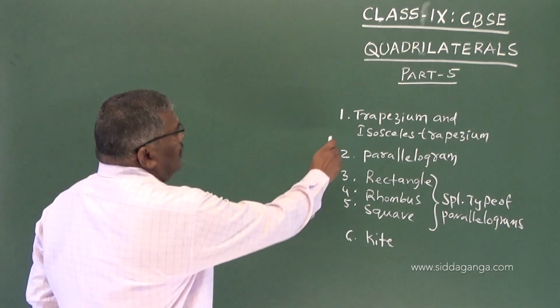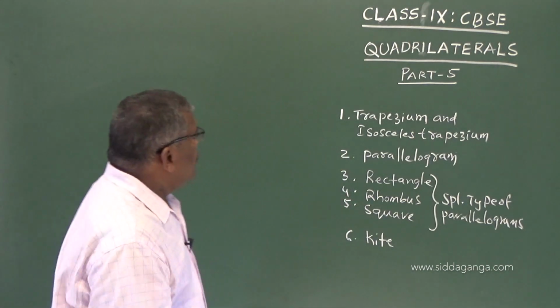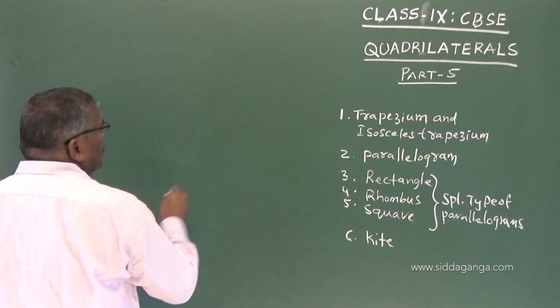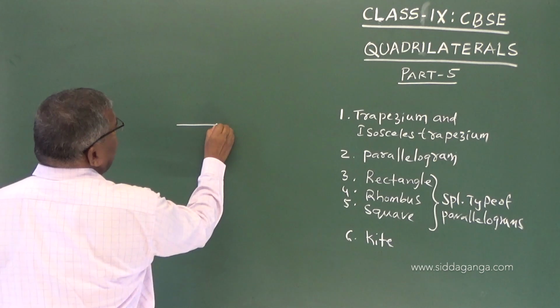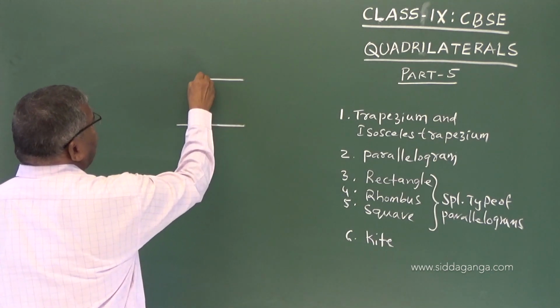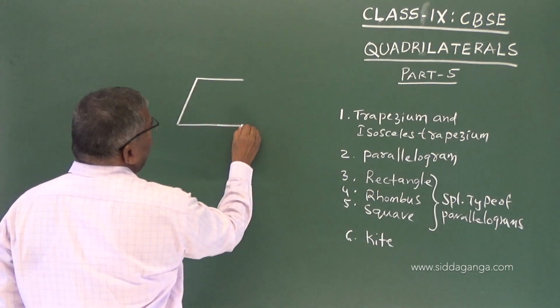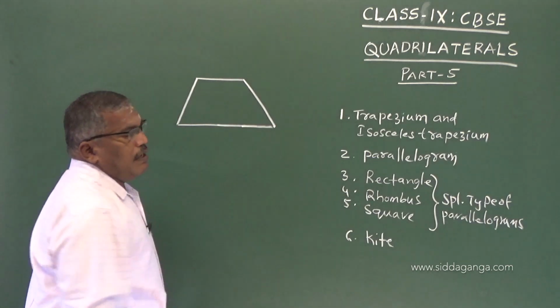So under trapezium and isosceles trapezium, we have discussed the properties. A trapezium is a quadrilateral with one pair of parallel sides. That is the definition of a trapezium.